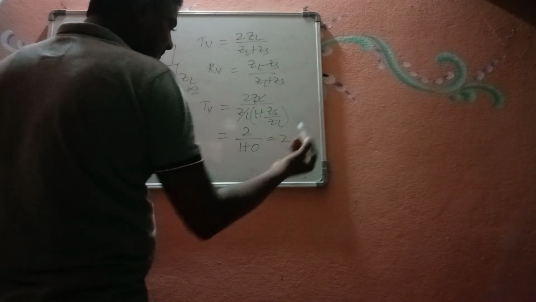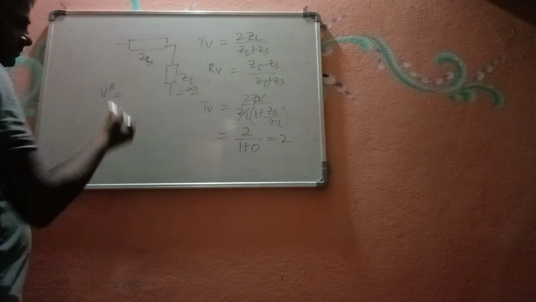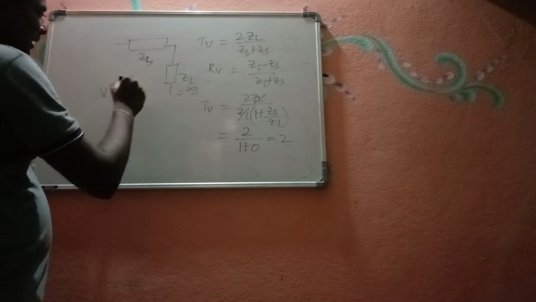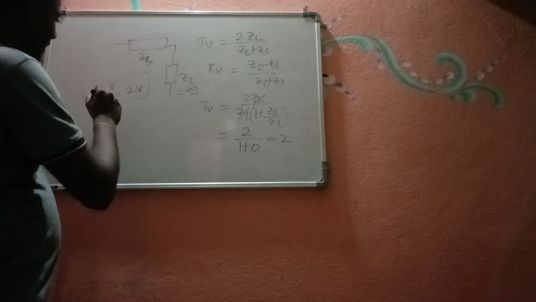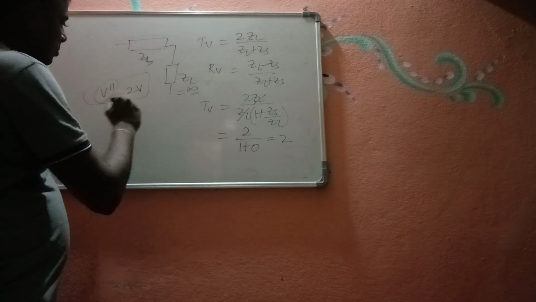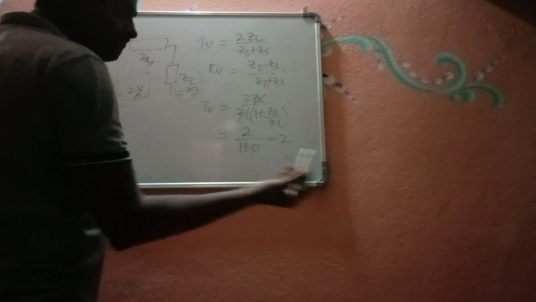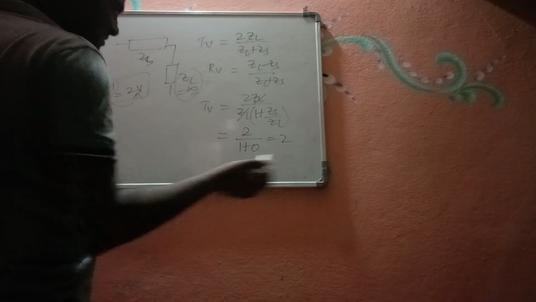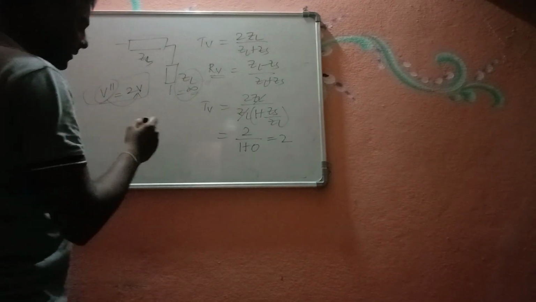So we will get TV equal to 2. What is the meaning of that? V double dash is equal to 2 times V. So under steady state condition, you will have a refracted voltage 2 times the incident voltage if the line is terminated by open circuit.